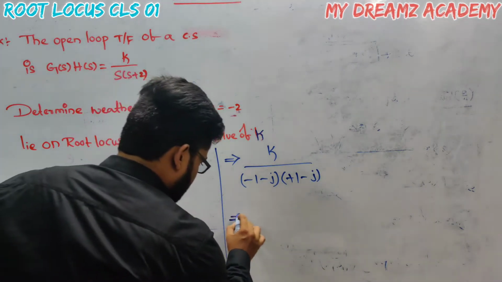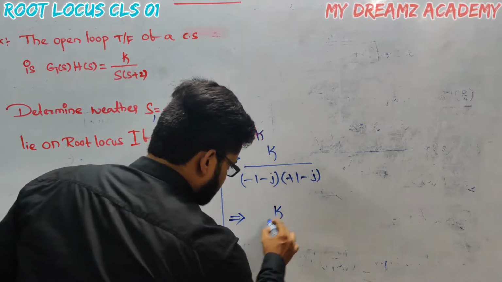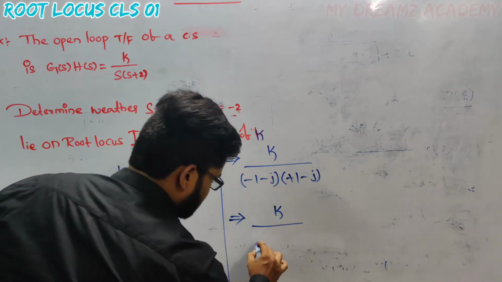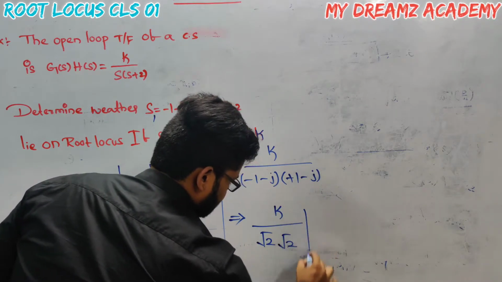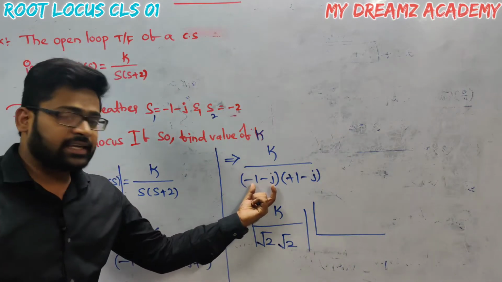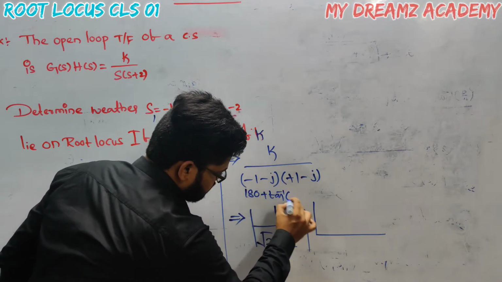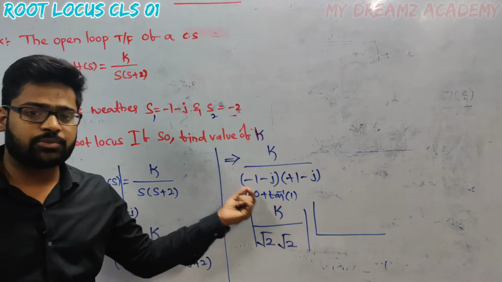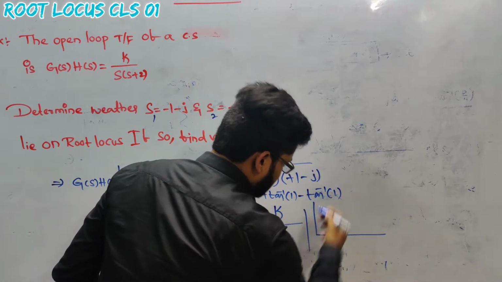So we will write angle and magnitude. K by the magnitude of this one is root 2 and the magnitude of this one is also root 2. Now the angle. For this we need to write 180 plus tan inverse of 1, imaginary value by real value, and for the other, minus tan inverse of 1.